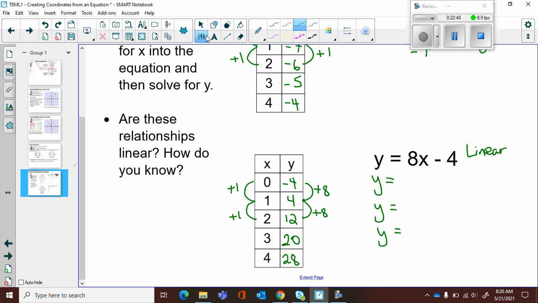When x is 3, we're going to see 8 times 3 is 24, minus 4 is 20. So it does work out. This is again a linear relationship because the x and the y value are increasing at a steady, consistent rate, and because the equation does not have a degree higher than 1. And if we were to graph this, we would see it would make a straight line.